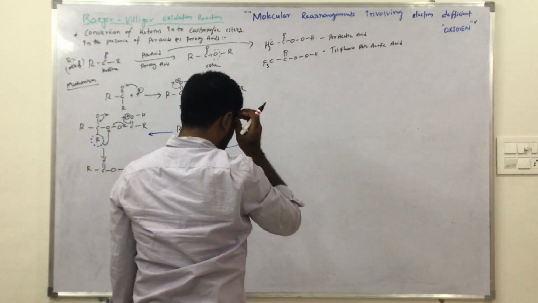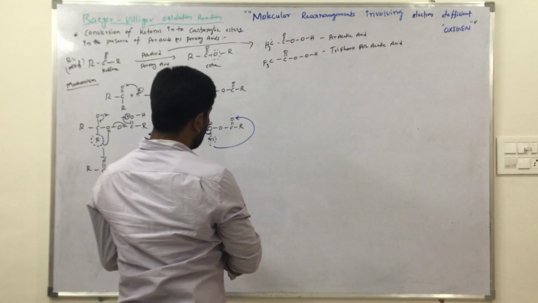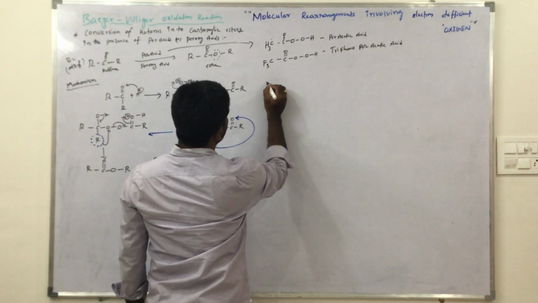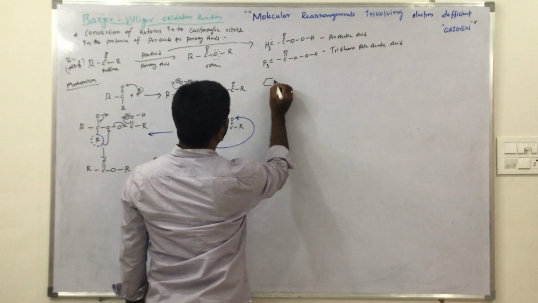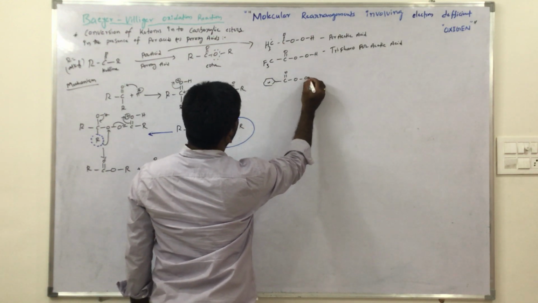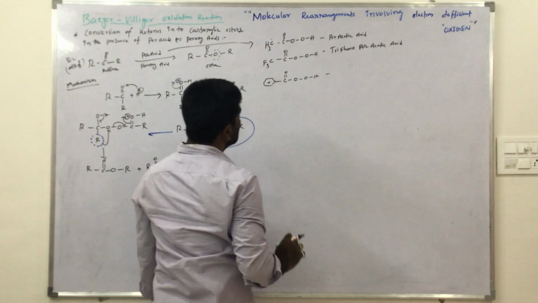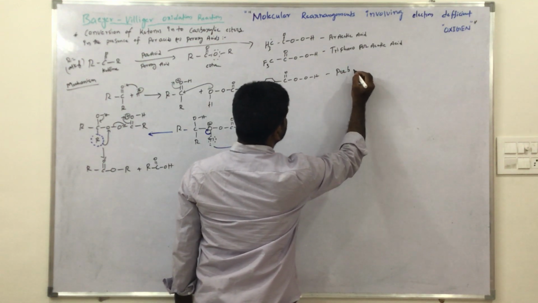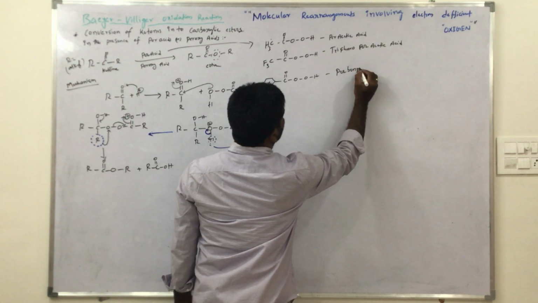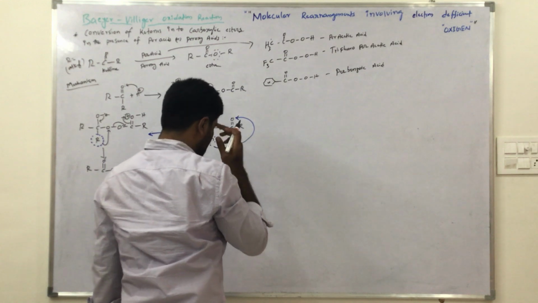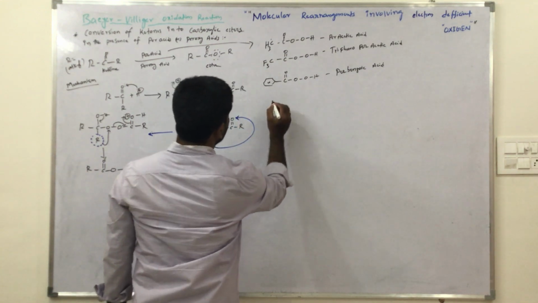Now CF3 is replaced by a benzene ring, C double bond O, OH. This is called perbenzoic acid.